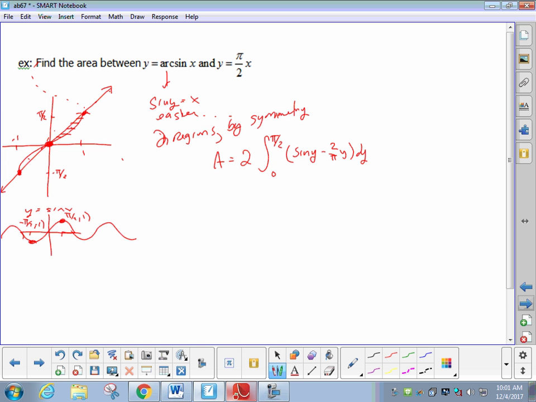That's the basis, and the height is small dy up and down. Okay? That's not too shabby. What's the antiderivative of sine y? Cosine or negative cosine? Negative cosine y.